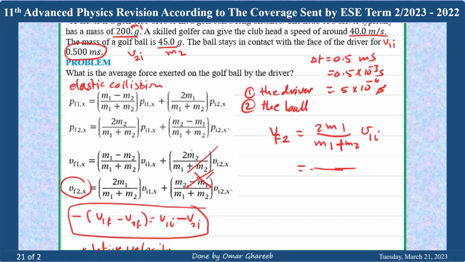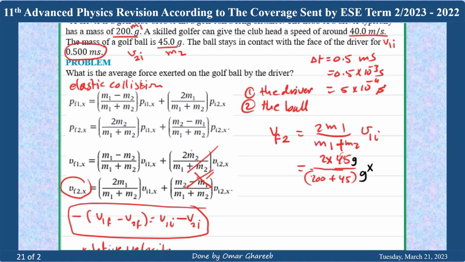Substitute 2 times the mass, which is 45. Some of you will ask me, 45 grams, should we convert it? Here we don't need to convert because it will cancel. Now M1 plus M2: M1 is 200 grams plus M2 45 grams. Now gram will cancel with gram. You see?